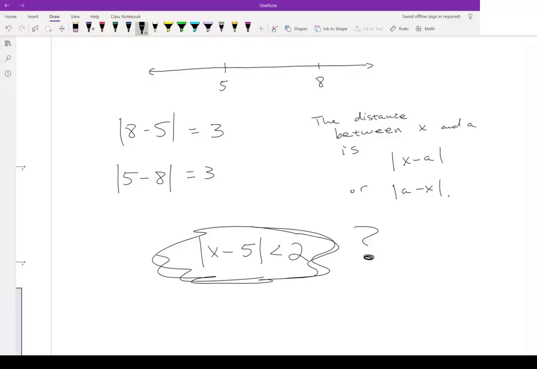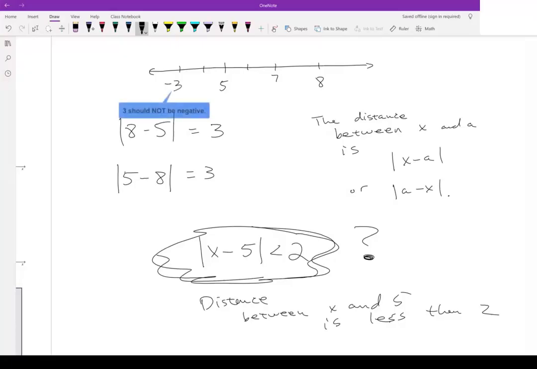So this says the distance between x and 5 is less than 2. In other words, 1, 2, there's 7. 1, 2, there's 3. We're talking about any number in this yellow region, not including 3 and not including 7, right?